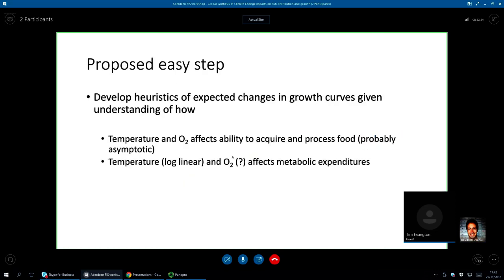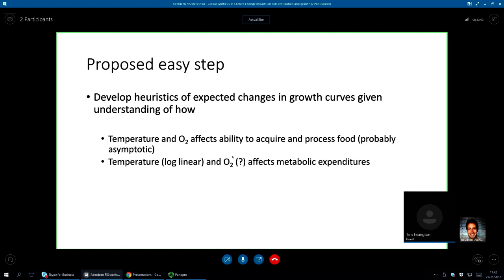So this is where I'm going to wrap it up with two thoughts about what might be easy steps that we could do in the short term. The first is using the foundational principles of the von Bertalanffy framework of thinking about body size changes and how it relates to underlying physiology and bioenergetic energy allocation questions.